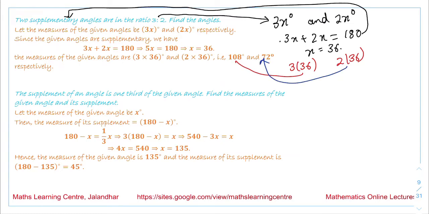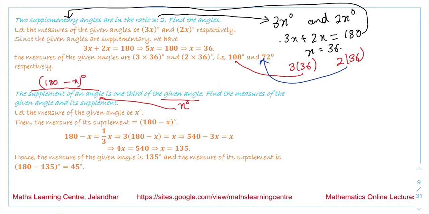Now the next question is: the supplement of an angle is 1/3 of the given angle. Suppose the given angle is x, so the supplement of that angle will be 180 minus x degrees.